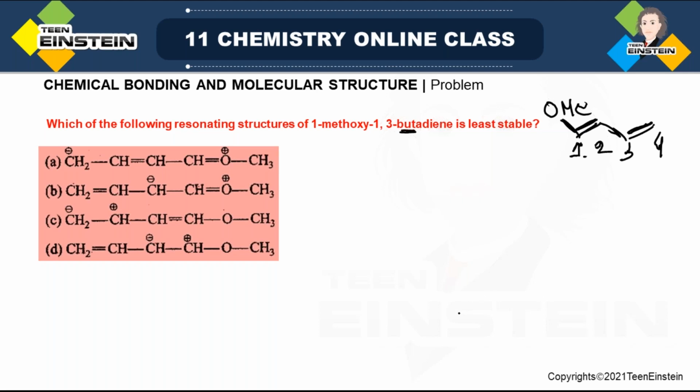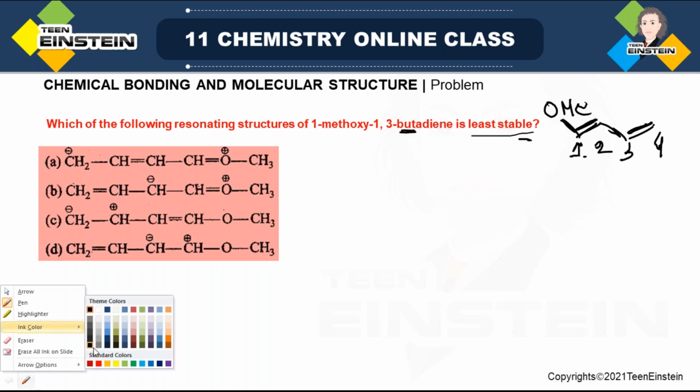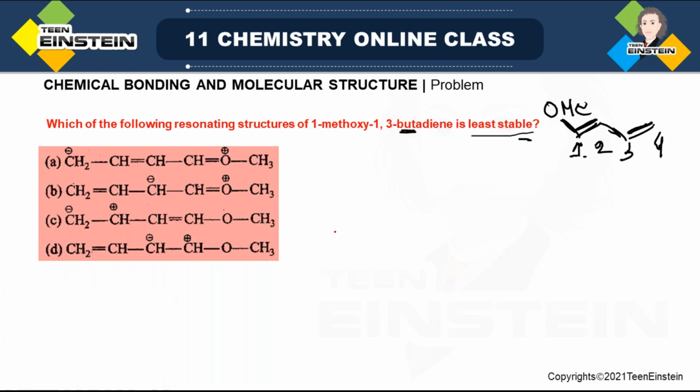These are the different resonance structures. Now we have to find among these which one is least stable. That means you have to find the most unstable structure. So again, we will try to see in which case there is the maximum number of double bonds present, because that is the easiest thing you can do, right? In the first structure, A, total number of bonds is 7, right?